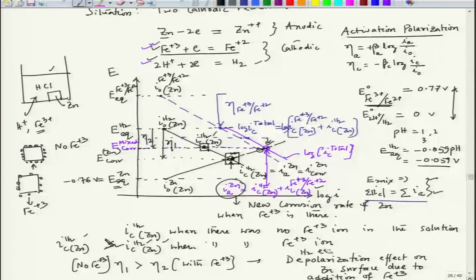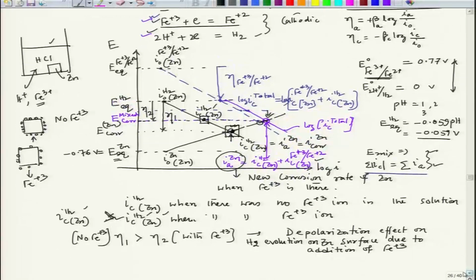So, actually I can say that depolarization effect on hydrogen evolution on zinc surface due to addition of Fe+3.